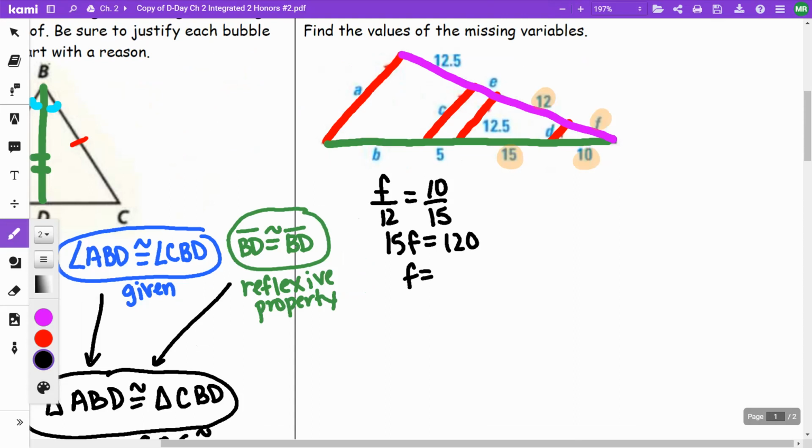And when I do, I get an 8. So now I know that that is 8.